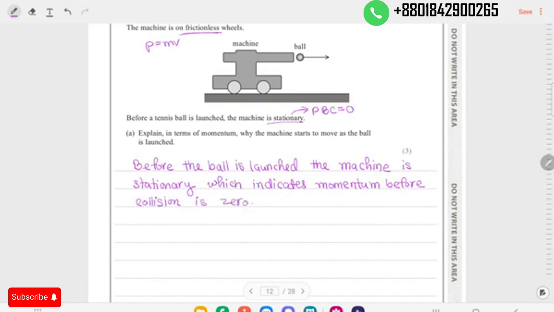Now, according to the principle of momentum, total momentum before collision should always be equal to the total momentum after collision, right?